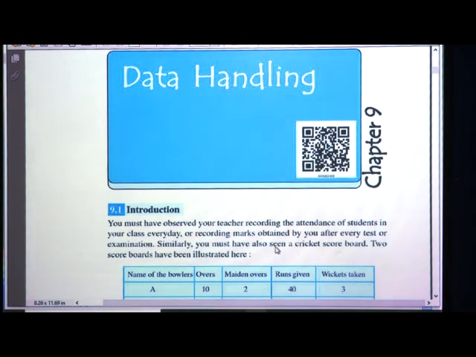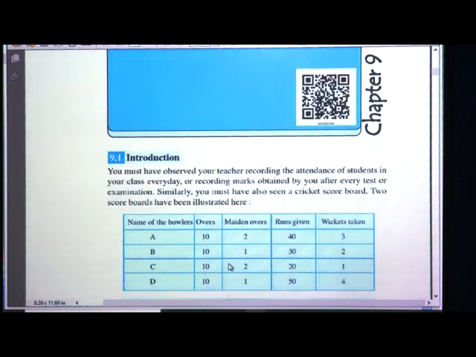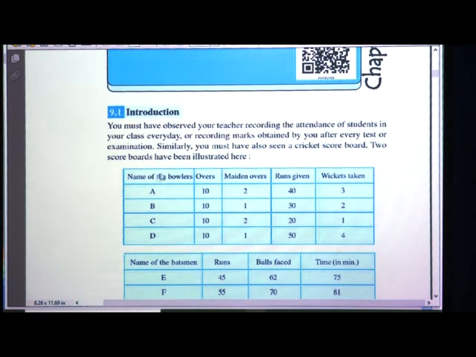Similarly, you must have also seen a cricket scoreboard. Two scoreboards have been illustrated here. Let us see. The names of the bowlers are A, B, C and D, and the overs are 10, common for all, and maiden overs are 2, 1, 2, 1. The runs given are 40, 30, 20 and 50 by the different bowlers, and the wickets taken are 3, 2, 1, 4.